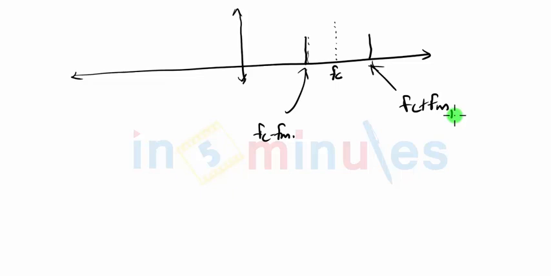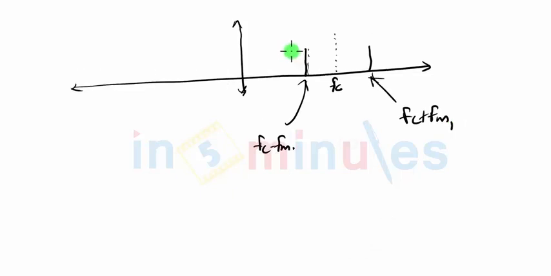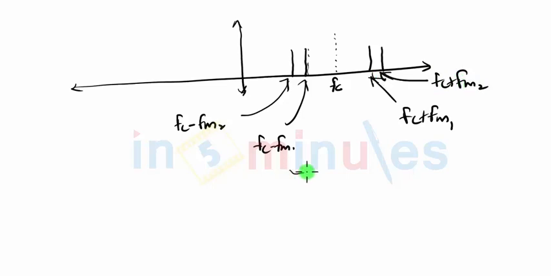Now we can have the second modulated signal with the frequencies, let's say from FC minus FM2 up to FC plus FM2. So if you look at the total spread of the bandwidth, the total spread of the bandwidth is nothing but twice FM2, which we will anyways require to transmit the signal M2T.